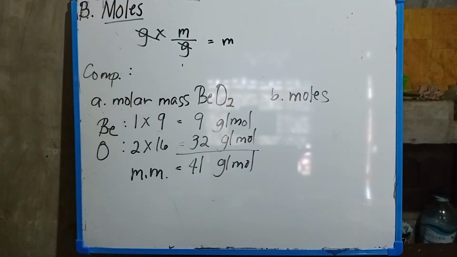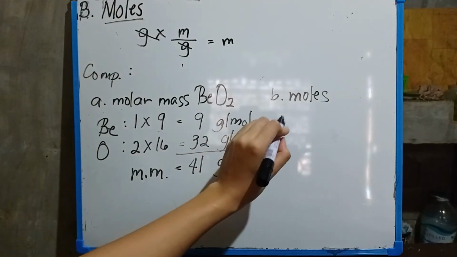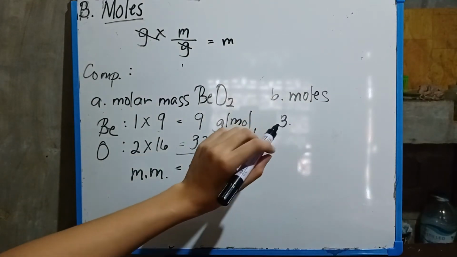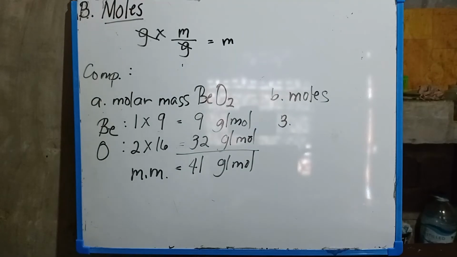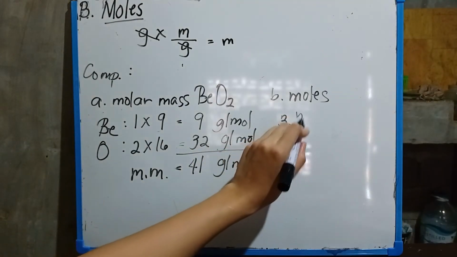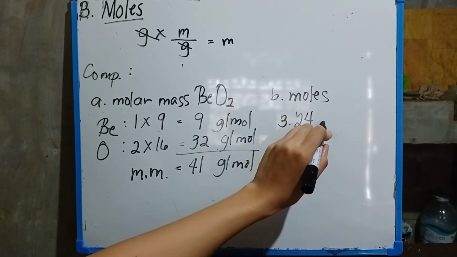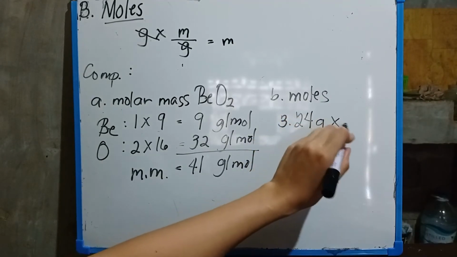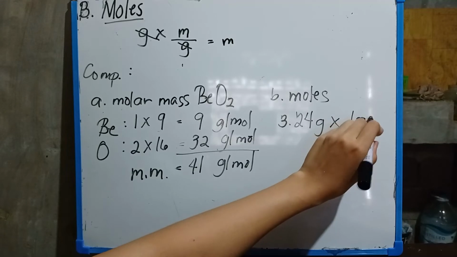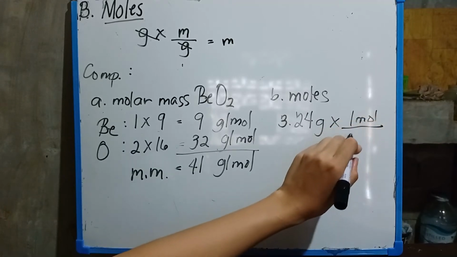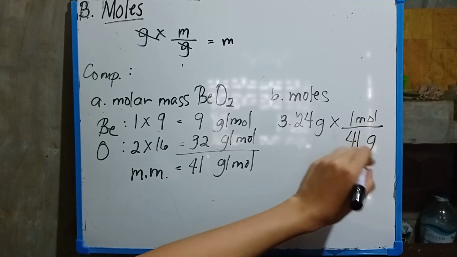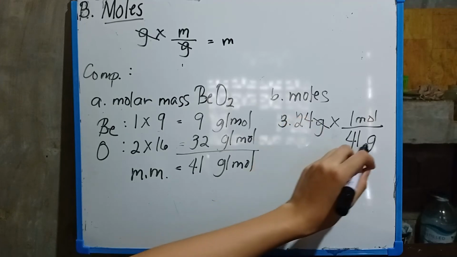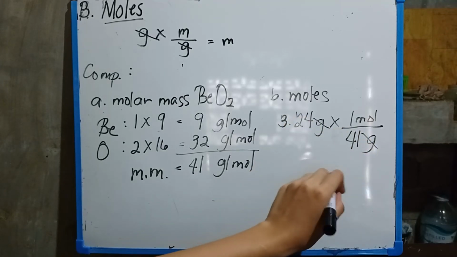So write down the given, which is 3.24 grams multiplied by 1 mole over 41 grams. So cancel out the grams. So what remains is our mole.